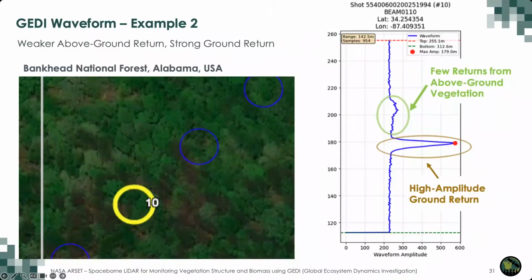The lack of high amplitude returns higher up on the elevation profile could possibly arise because of low tree cover and/or tree mortality within the footprint of the shot. You might be wondering, though, that at least from the satellite image base map, it seems like most of the area within this 25-meter diameter footprint, the trees appear green.